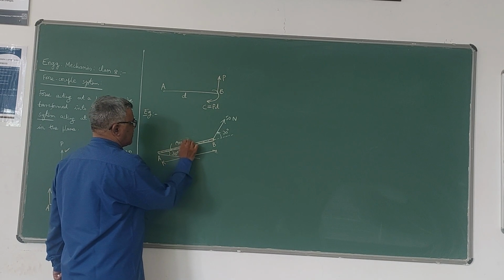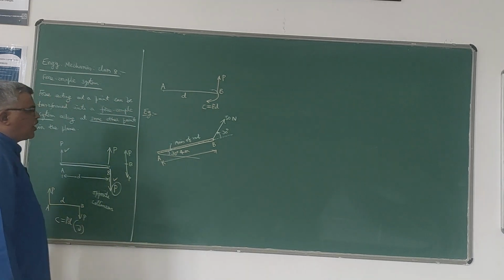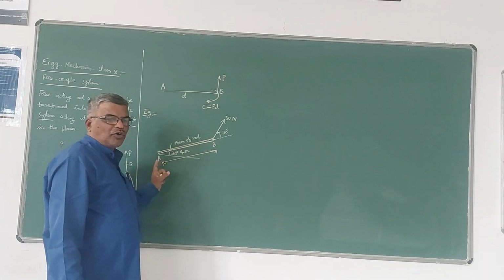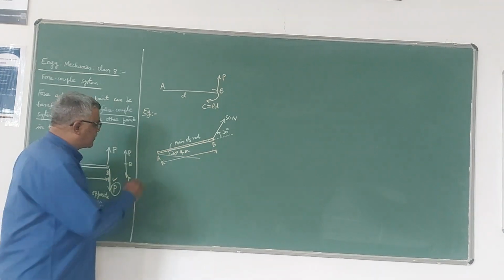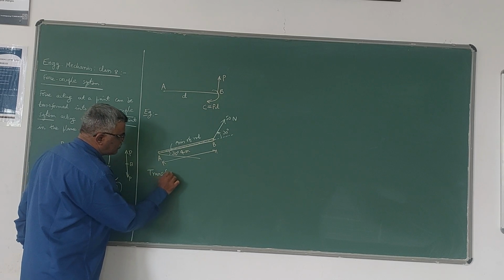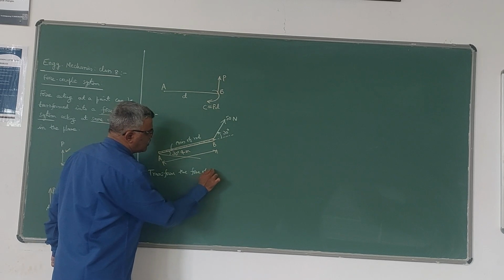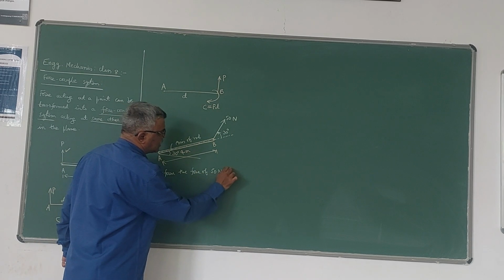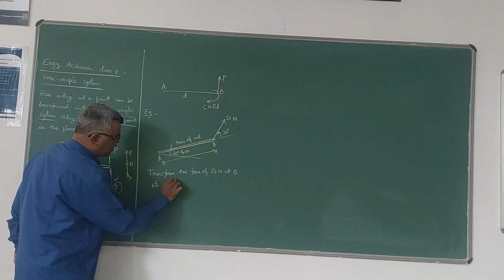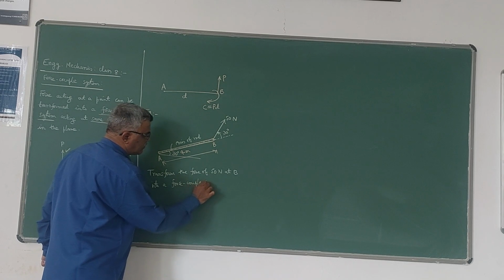Now I want to transfer this force at B into a force couple system at A. So the question is, transform the force of 50 Newton at B into a force couple system at A.